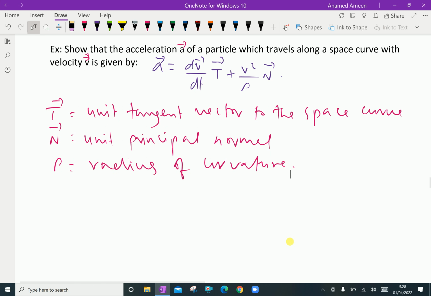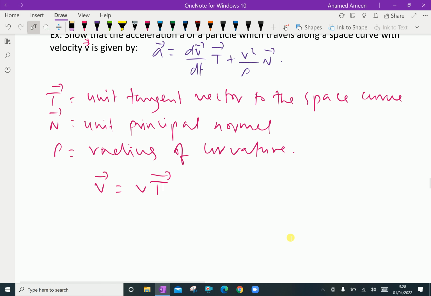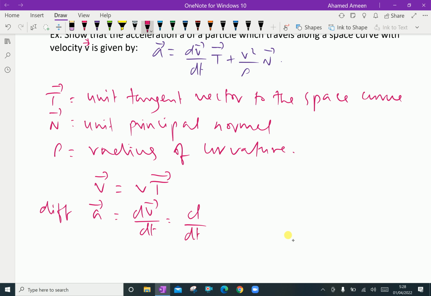Now we know that v vector, velocity vector, is v into t vector. Differentiating, we have the derivative of v vector, that is the acceleration a vector, equal d by dt of v t vector.